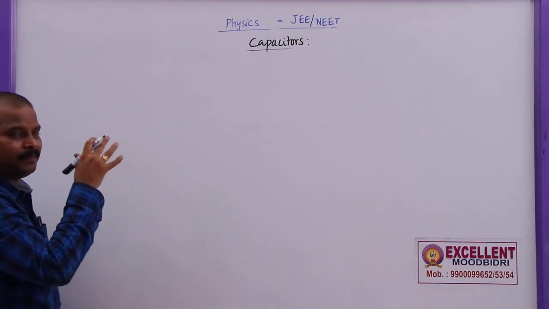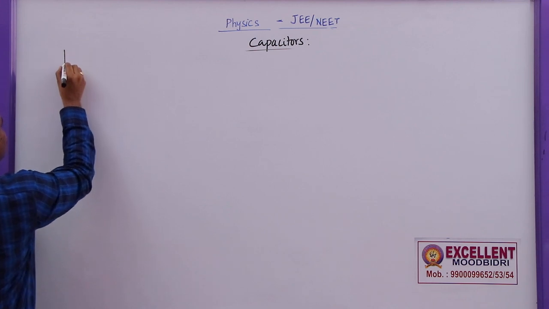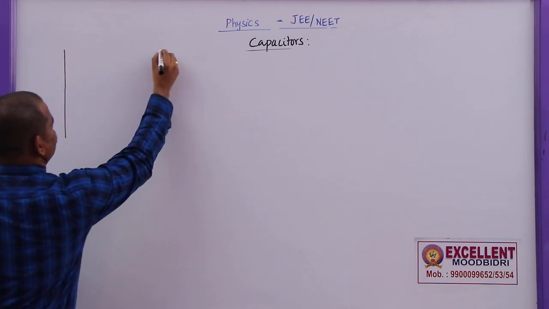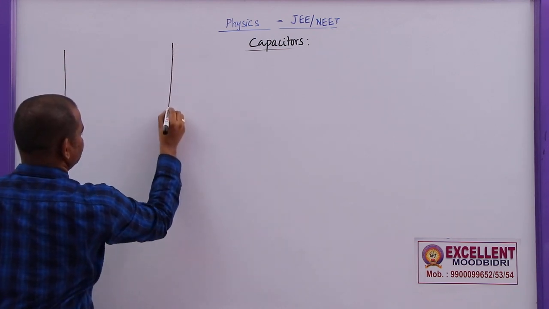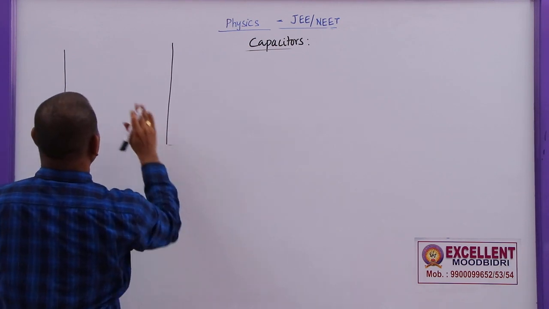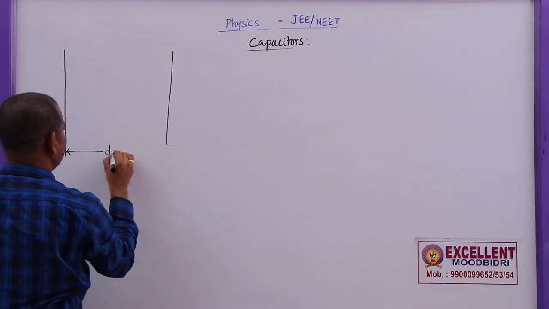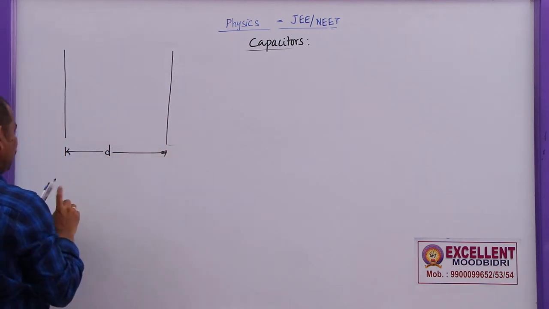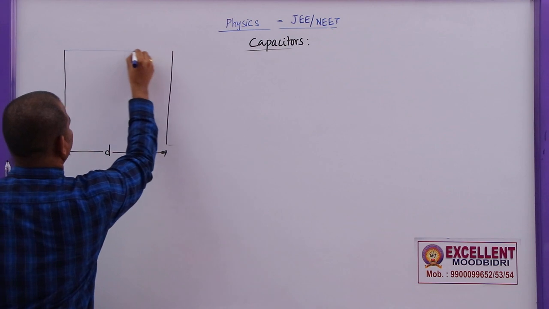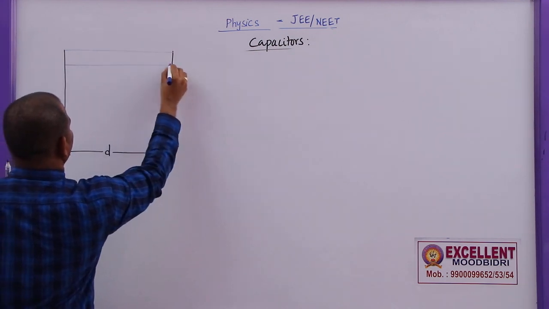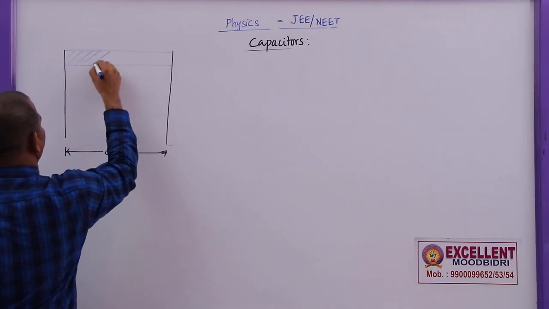Similarly, in a parallel plate capacitor, these are the two plates, which are separated by some small distance d. Now, the slabs are inserted between the two plates here. This is the first slab.